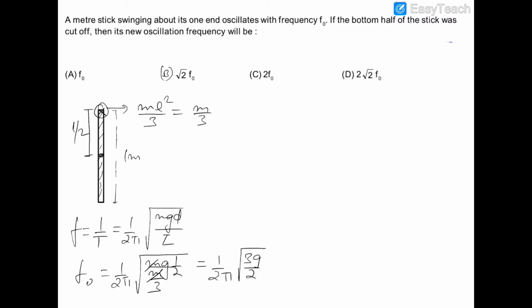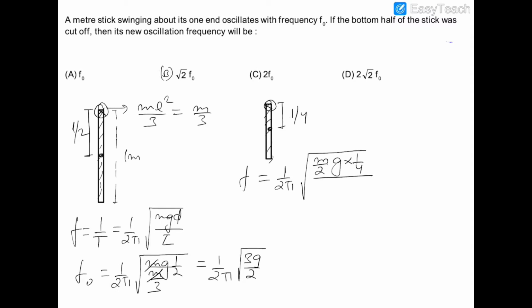Now when the lower half part of this meter stick is removed, we have to find out the time period, in fact the frequency. Then frequency f will be equal to 1 upon 2 pi under root of mass m by 2 into g, and the distance will be 1 by 4, divided by the moment of inertia about this, which will be m by 2 into l, which is 1 by 2, squared, by 3.